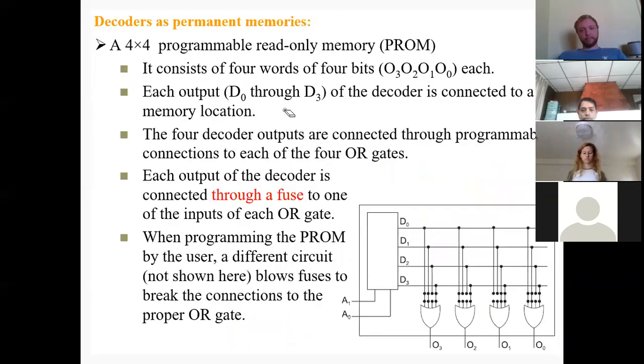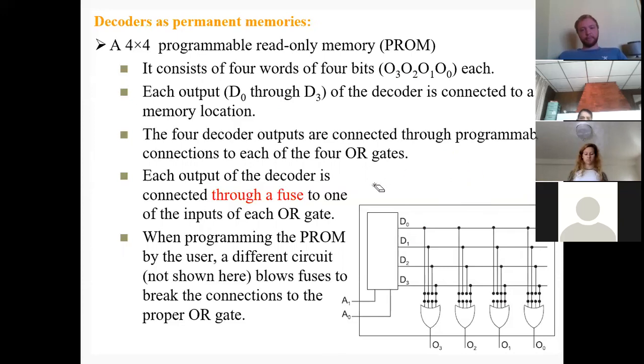All right, so now let's talk about the decoder as permanent memory. I know you have heard about memory, right? RAM, random access memory. You have heard lots of kinds of memory, so I'm not going to go over them.